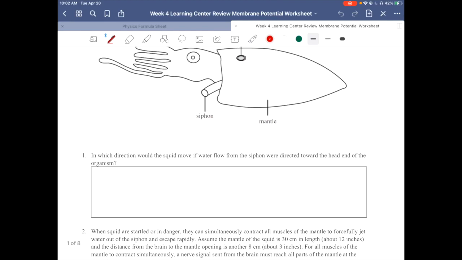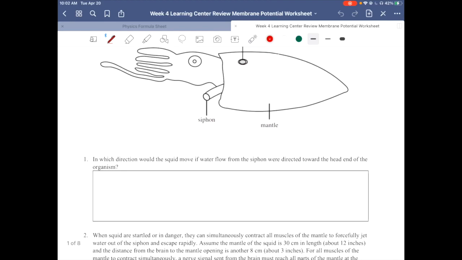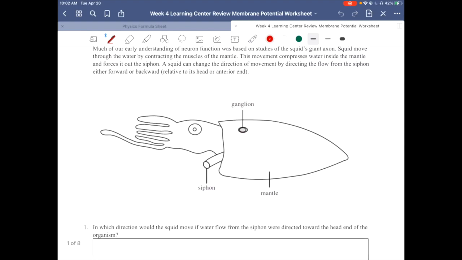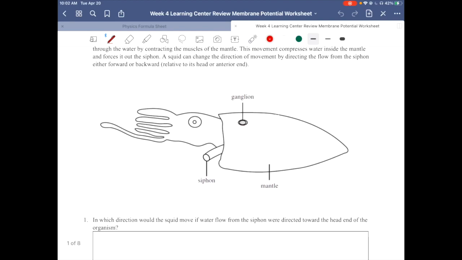The first question asks in which direction the squid would move if water flow from the siphon were directed towards the head end of the organism. Previously they told us that a squid can change direction of movement by directing the flow from the siphon either forward or backward relative to its head or anterior region.